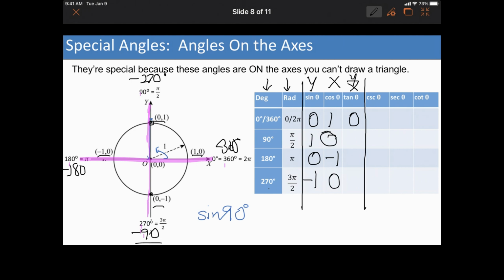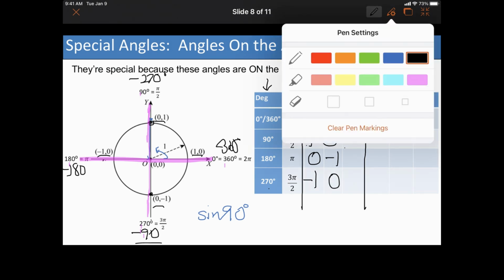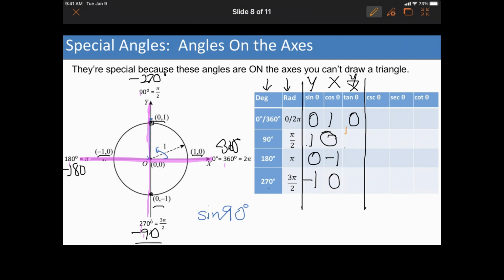So 0 divided by 1 is 0. So over here, if I have 1 divided by 0, can I divide by 0? No, you can't. Changing the color. 1 divided by 0 is called undefined. I'm just going to write U and D. U and D will equal undefined because I can't fit it in the little rectangle.